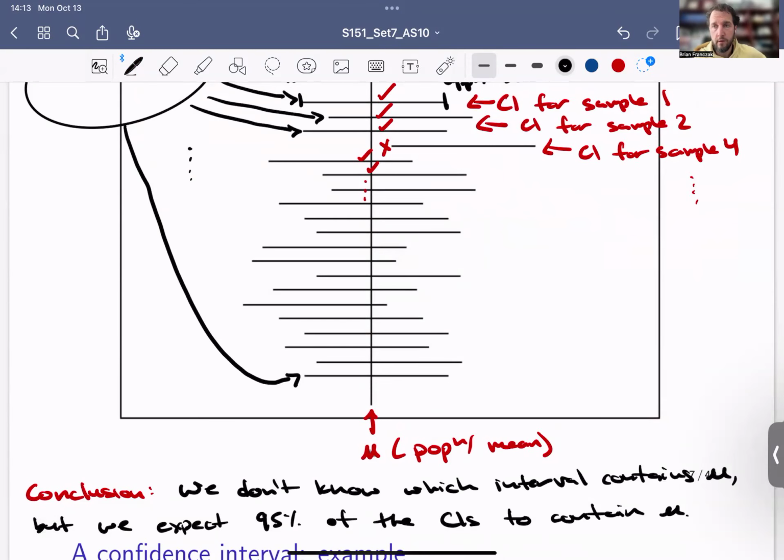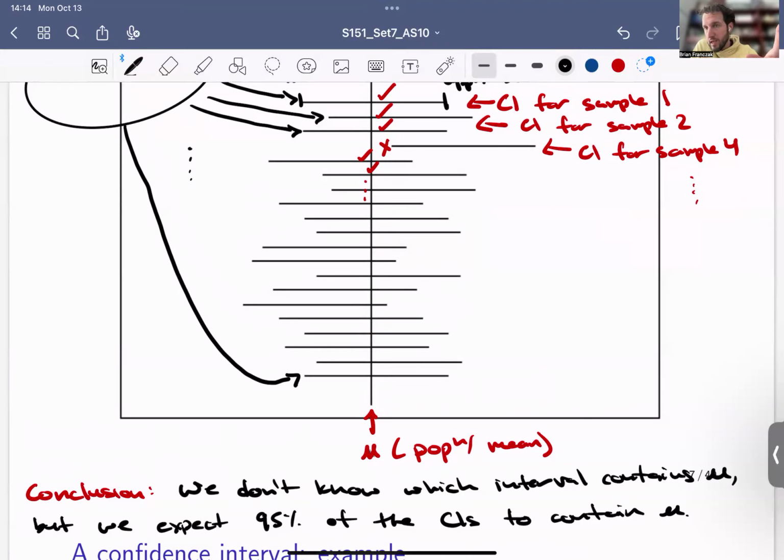Okay. So once again, the main thing that I'm trying to communicate here is in practice, we build one confidence interval because we usually are working with one sample. We don't actually know if that sample is going to produce a confidence interval that will contain the population mean. But what we assume is that if we were to repeatedly sample over and over and over again from the population, 95% or whatever percentage, whatever confidence level is selected, that percentage of the time, the intervals will cover the true mean or will cover the population mean.